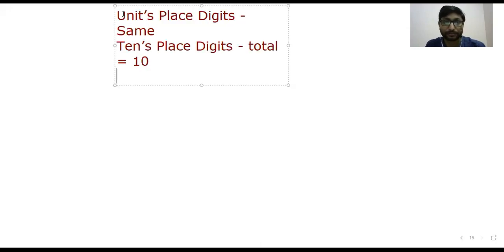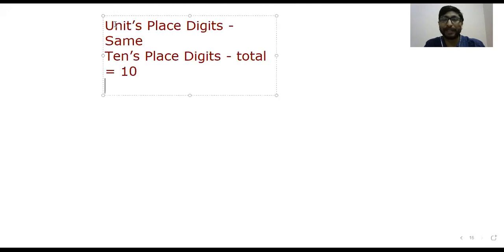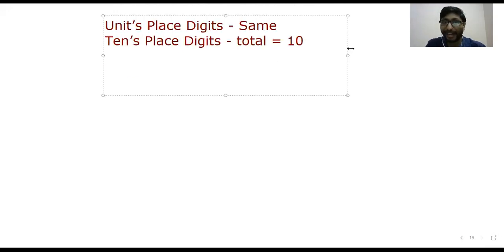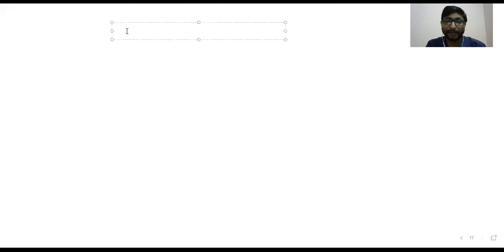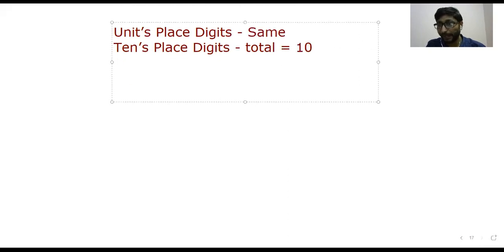Here, the units place digits should be the same, and the tens place digits sum should be 10. Sum should be 10.